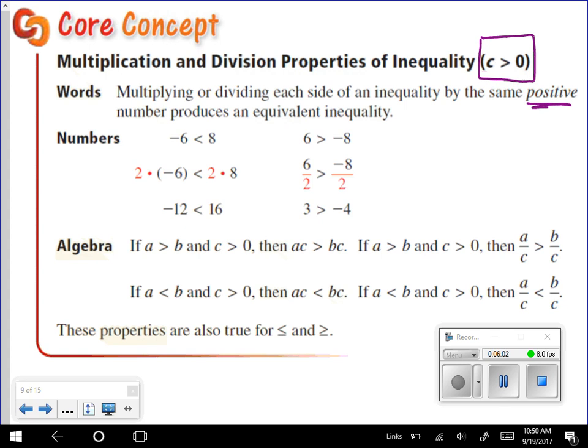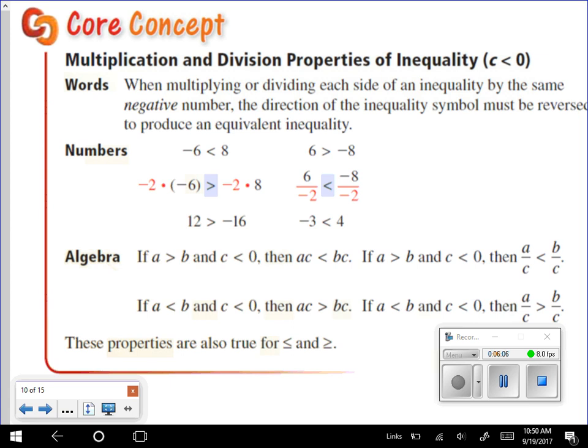The difference comes in when C is negative. If C is less than 0, multiplying or dividing each side of an inequality by the same negative number, the direction of the inequality symbol must be reversed to produce an equivalent inequality. So this is our big change here. Notice negative 6 is less than 8.